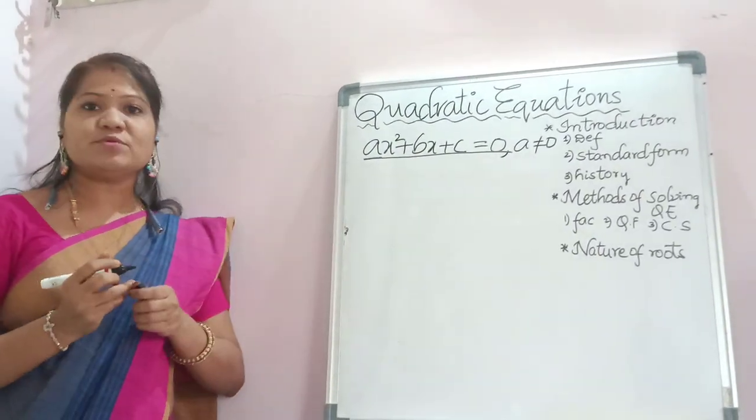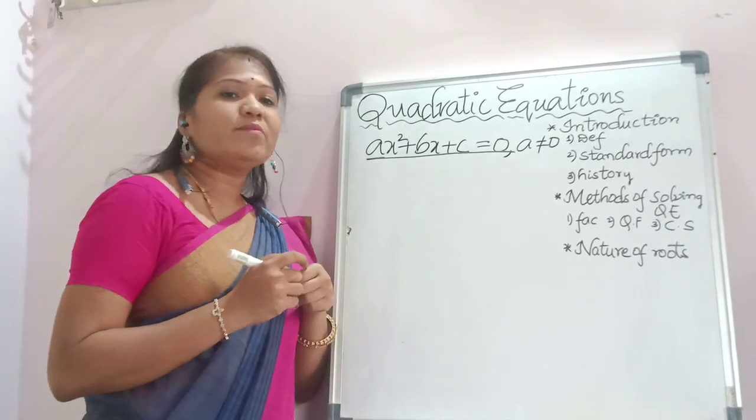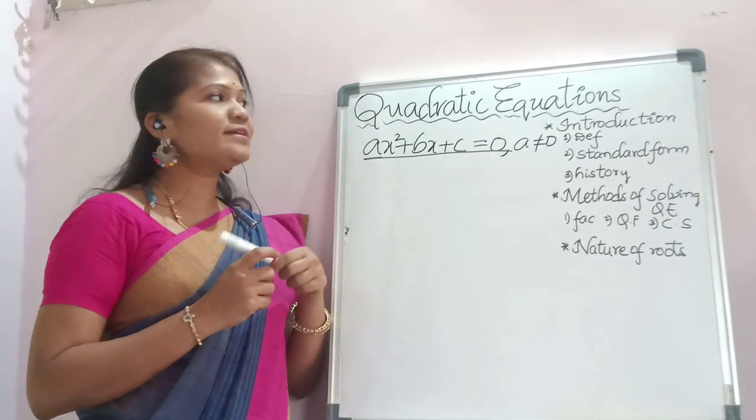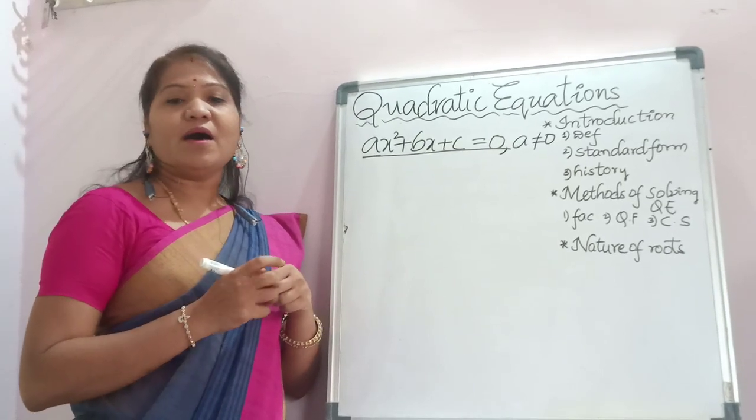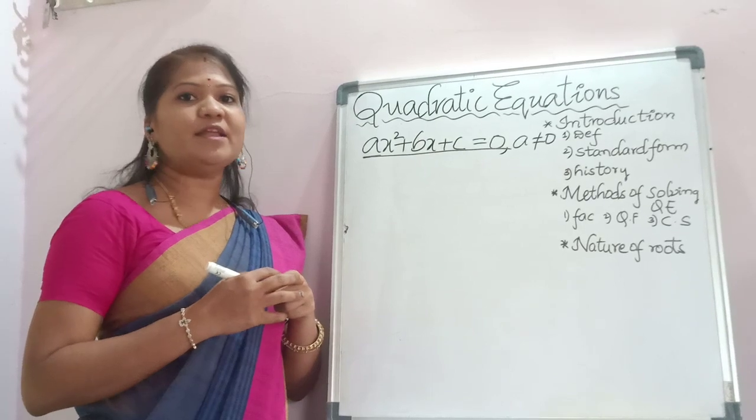So Euclid, who is the father of modern geometry, gave the geometrical approach for the quadratic equation. But we know that often for everything the contribution will be by our Indian mathematicians.